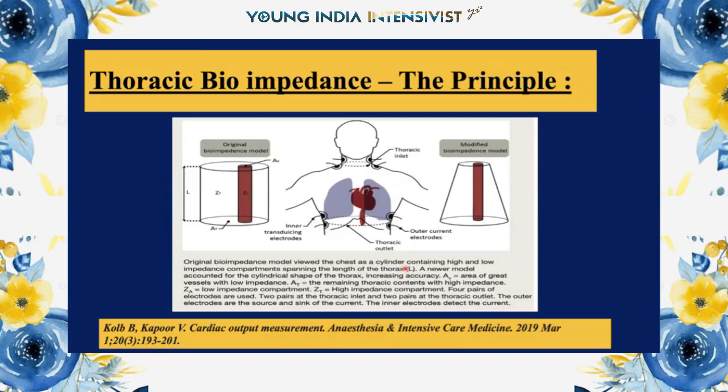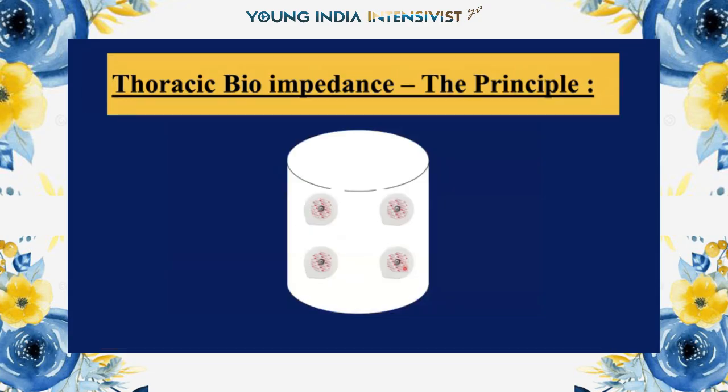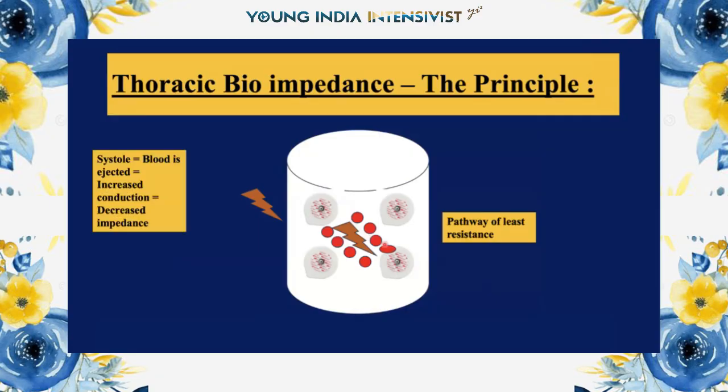The change in impedance is measured from the baseline impedance, and cardiac origin is apparent when they compare it with the ECG waveform as well. This is what exactly happens. When they give the current, the current chooses the pathway of least resistance, which is obviously through the pathway which contains the blood. In systole, when the blood is ejected, there is an increase in conduction and a decrease in impedance.